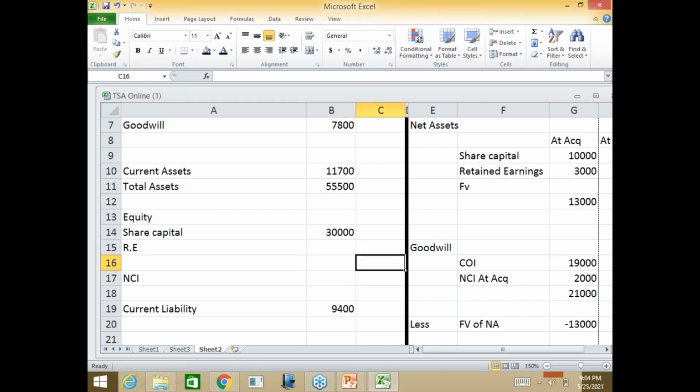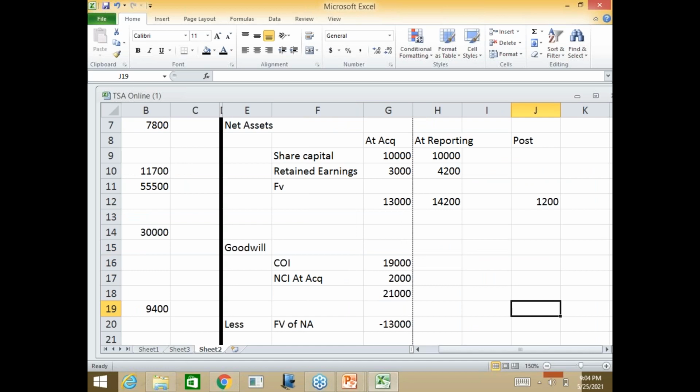Now what about the retained earnings? Let's solve the retained earnings. As far as the workings are concerned, you can take the shortcuts.